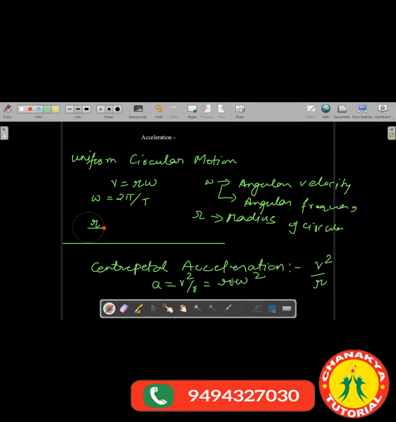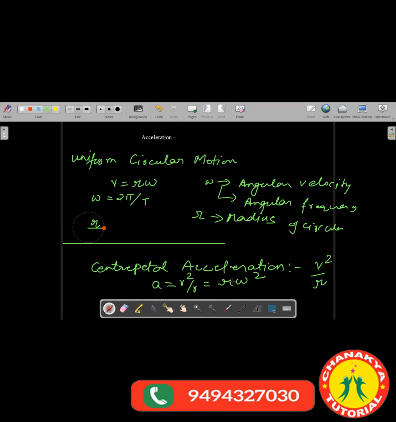Centripetal acceleration is always required by an object moving in a circle. Every time there will be a centripetal acceleration, which is v squared by r. All objects moving in a circle require this centripetal acceleration, and hence there will be a centripetal force also.